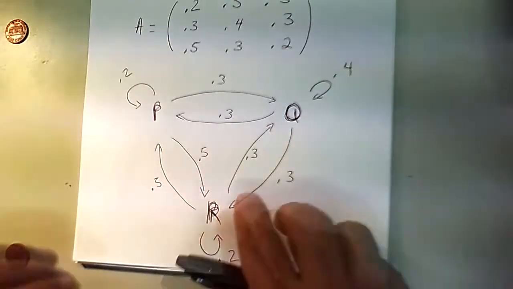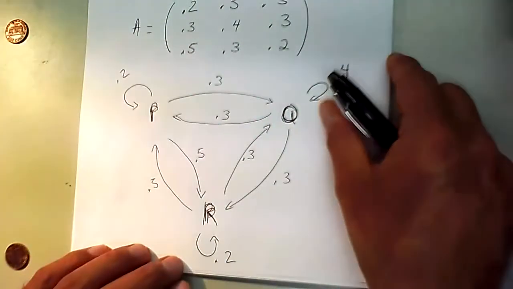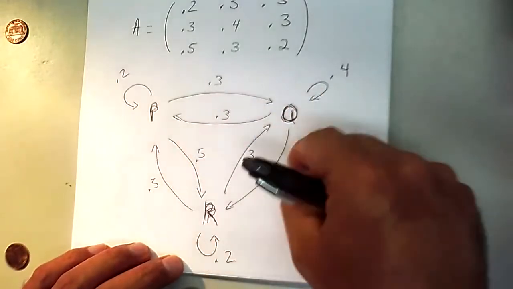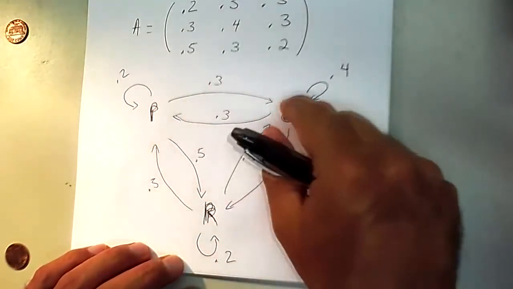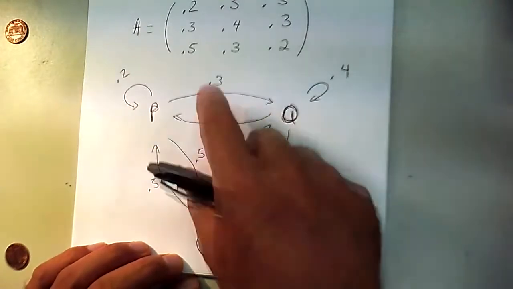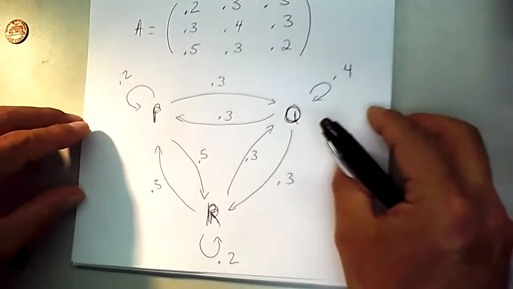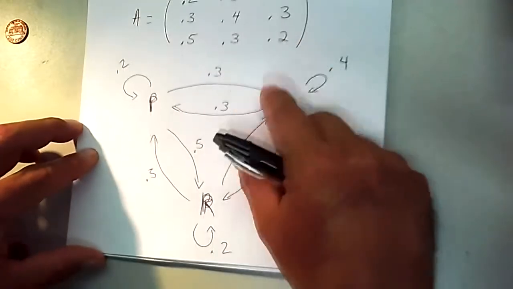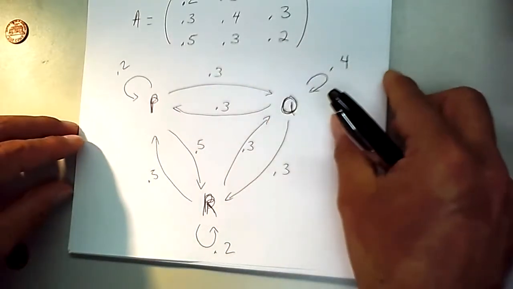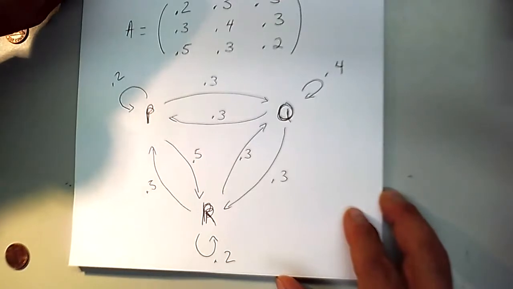Anyway, the problem can get much more complicated, and this is only with three places. Of course, we could have many more, or we could have fewer, just two places, which means we have a 2 by 2 matrix, which is simpler. This is a larger matrix, a larger problem. And we want to answer some questions.